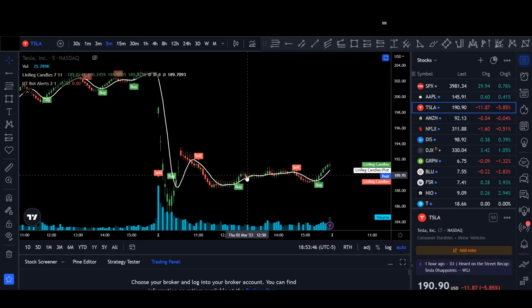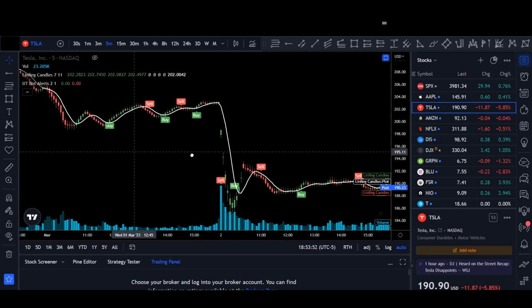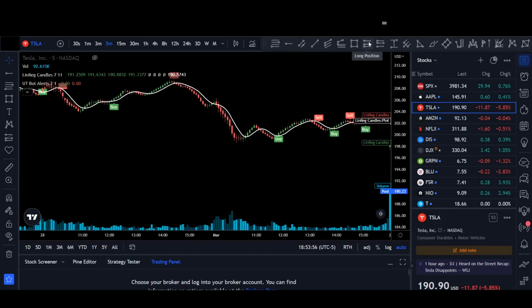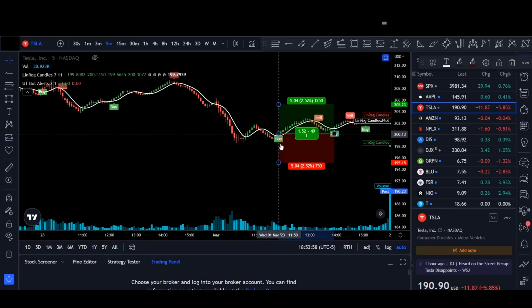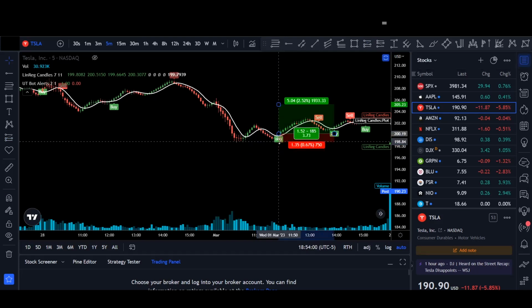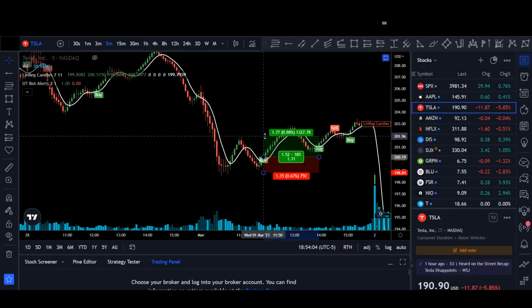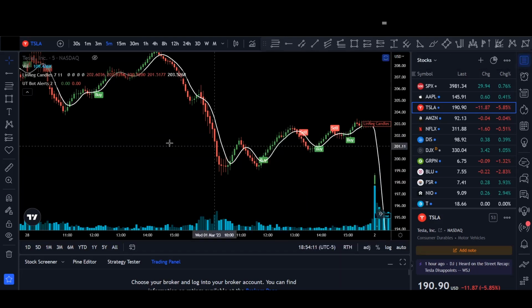However, you can see that if you bought here, with the stop loss below here, you would have made a decent buy. You can see here as well that when you get in and put your stop loss below the low here, if you were to get out at the first red candle, you would have had a 1.3 to 1, or if you had waited, you would have had a 1.79 to 1.